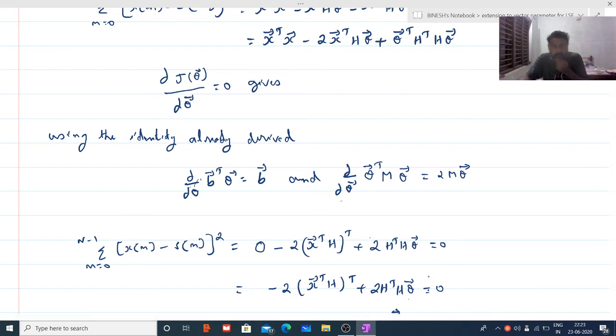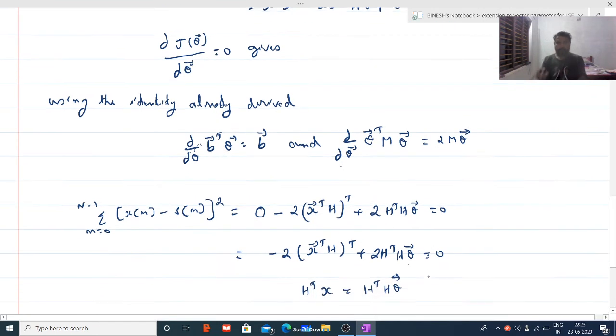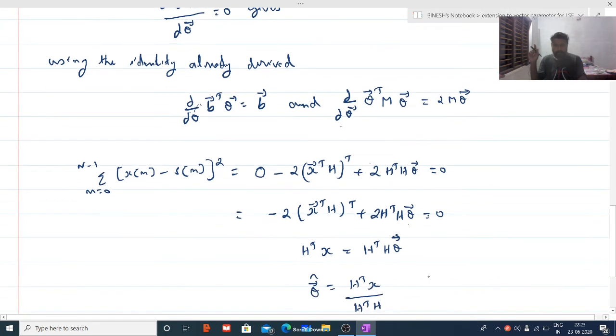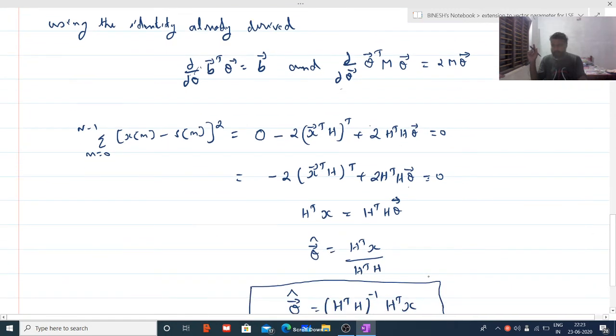So H transpose X, the 2 gets cancelled. So theta cap will be H transpose X divided by H transpose H.